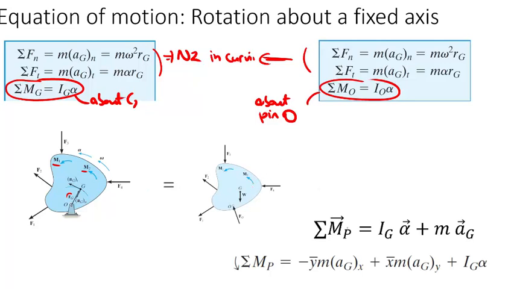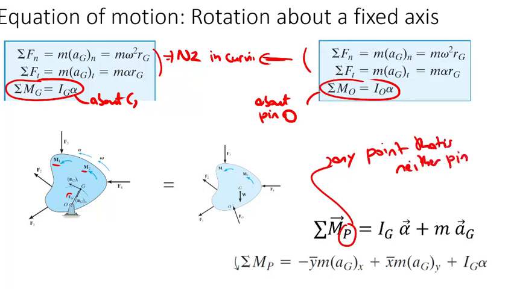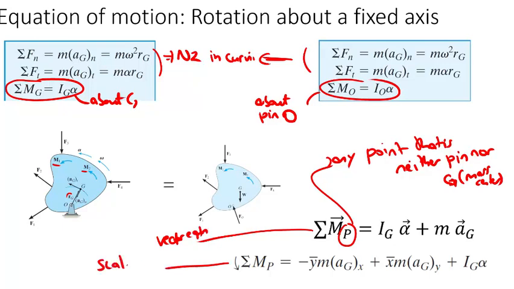And then if you are interested in any point that is neither the pin nor G, G is the mass center, then you have to use this equation, which is the vector equation, or the scalar form of it.